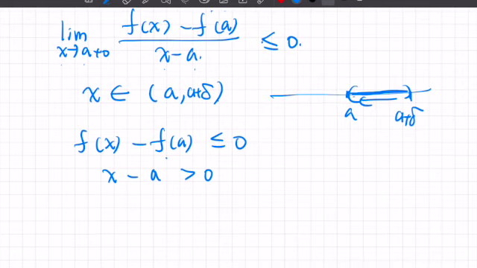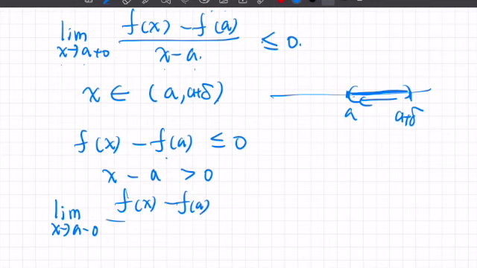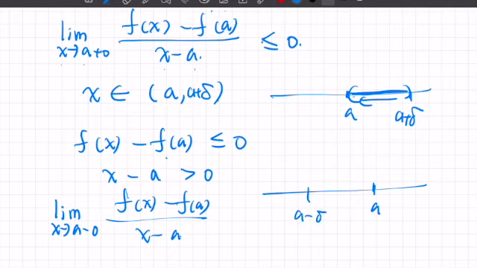Okay, and next consider the left limit. So x approaches a from the left. In this case, a is here and this is a minus delta. So x is somewhere between these two numbers and approaching a from the left.